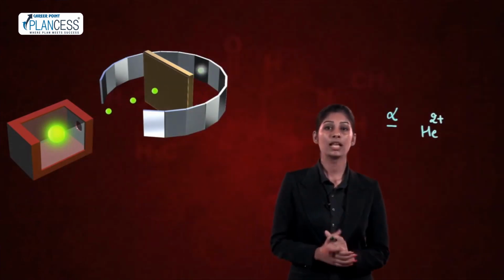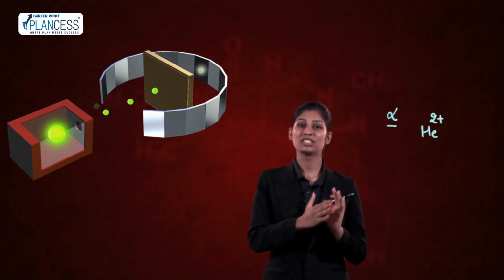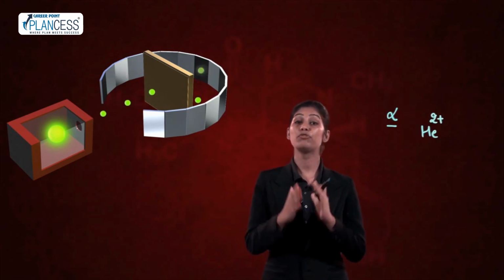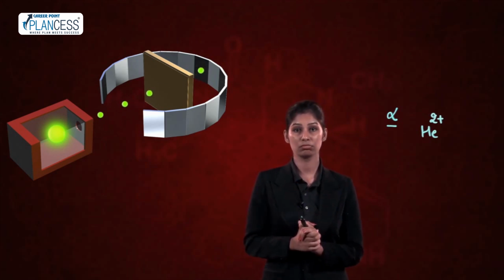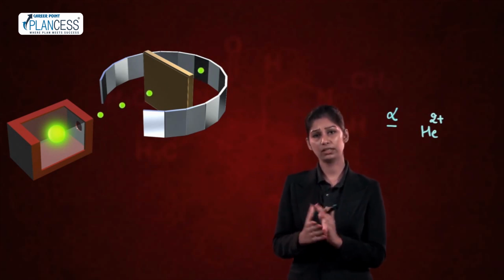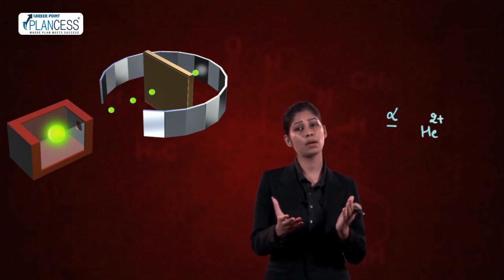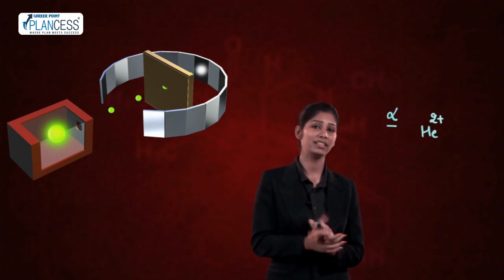It was noticed that most of the particles passed straight through the gold foil without any deflection. Instead, some got deflected as they passed through, and some bounced back at 180 degrees.